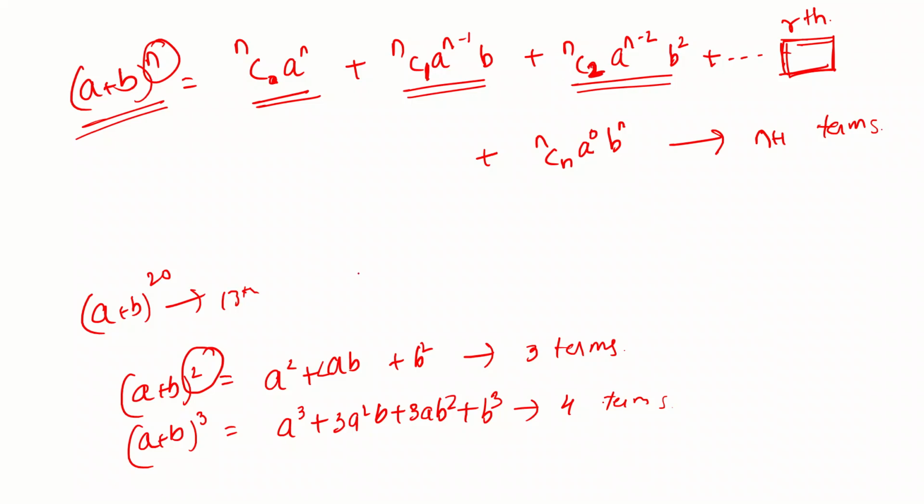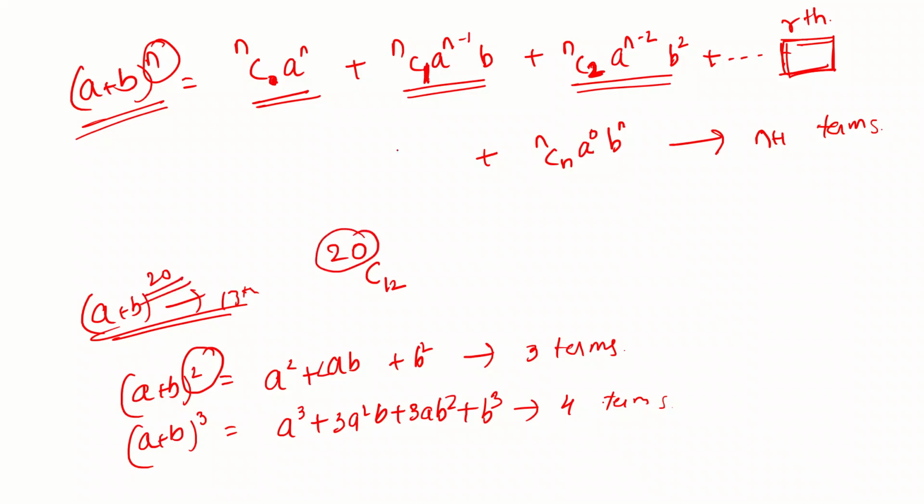So suppose I want to find out the 13th term of this expression. In the leg, it will be one less than 13. Because in the first term it is 0, in the second term we have 1, in the third term we have 2, so in the 13th term we will have 1 less. And this will of course be the power whatever we have here.